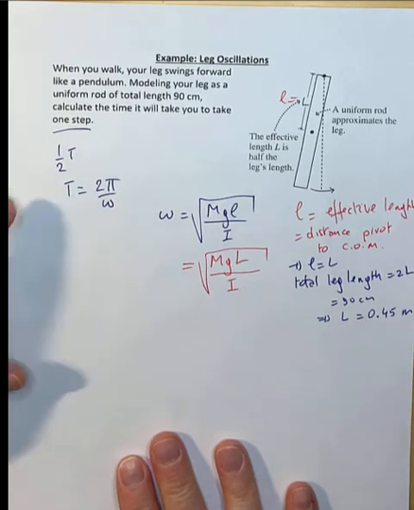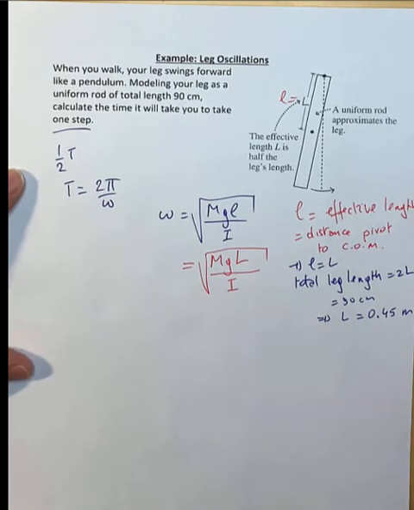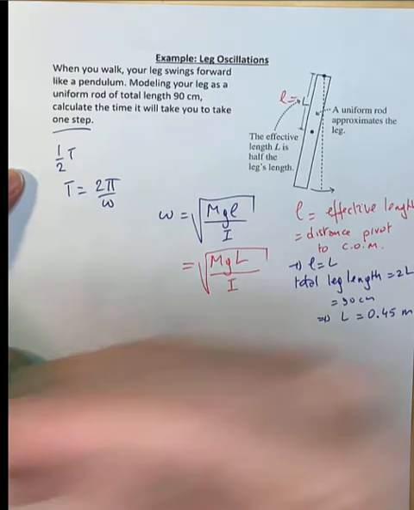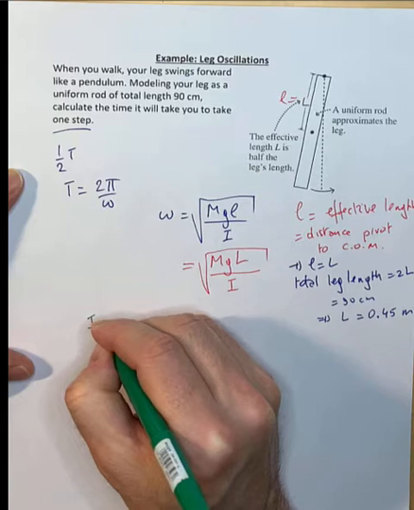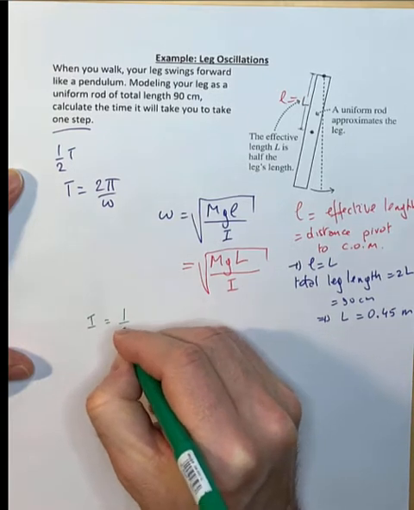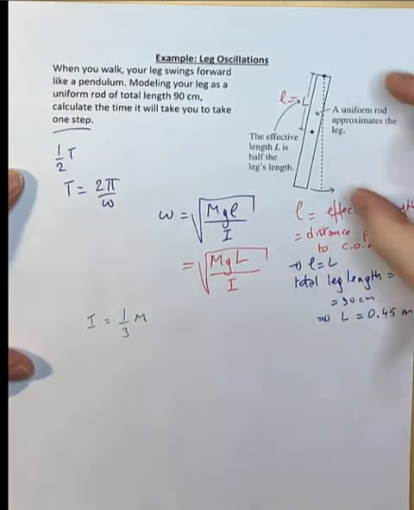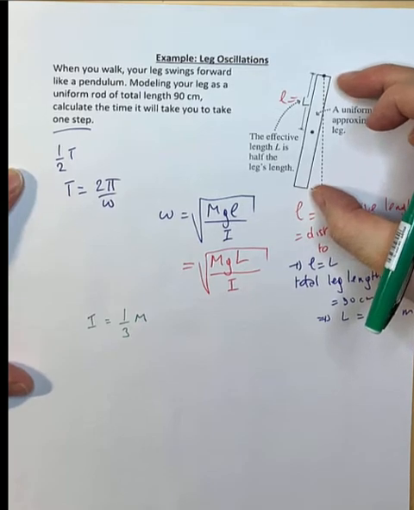Okay, and so the moment of inertia, in this case, what we need is the moment of inertia for a uniform rod that's essentially swinging around a pivot point at one of the ends. And so the moment of inertia in that case is 1/3 times the mass times the total length squared.